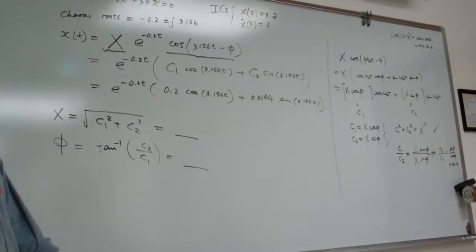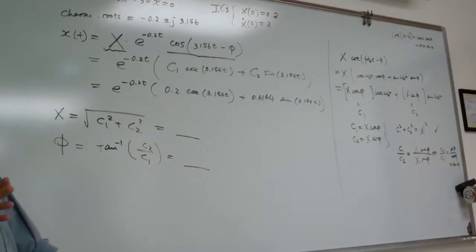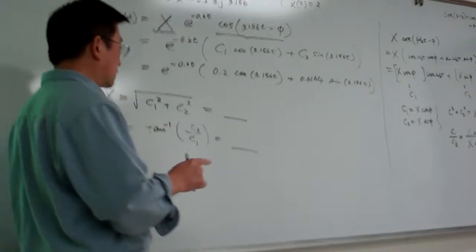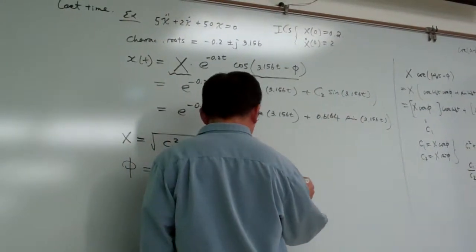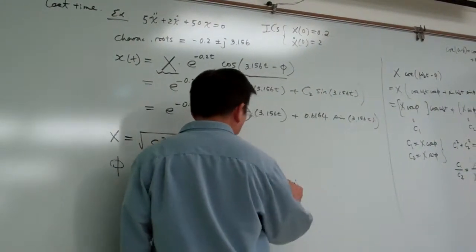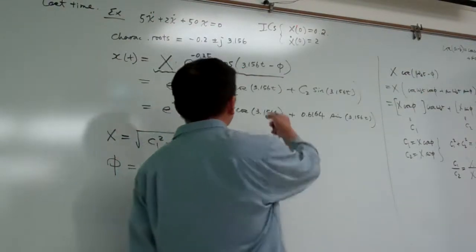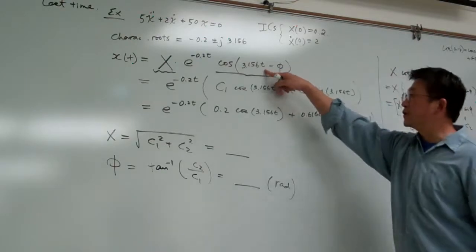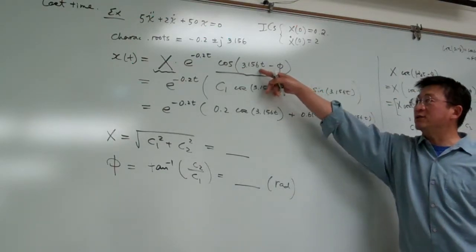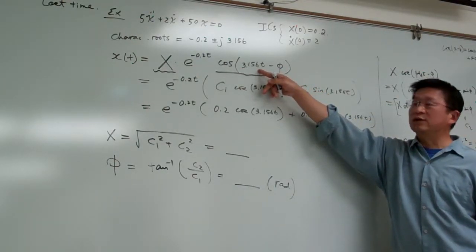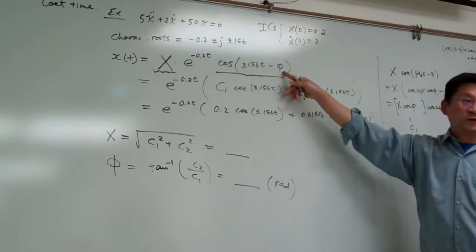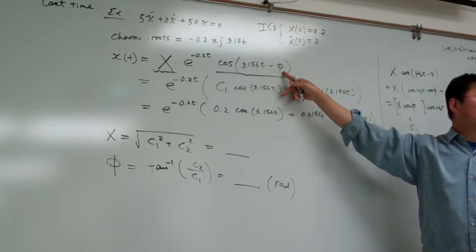Once you have these numbers, you simply plug in, and be careful. Some calculators allow you a setting, either you operate in degrees or radians. So get that setting correctly, and sometimes we like to express it in radians. In this form, all the units are radians. For example, if omega_d is in radians per second, then phi you had better use in the same radians.